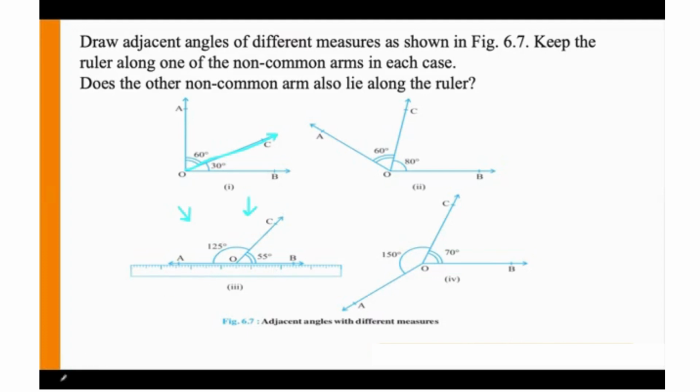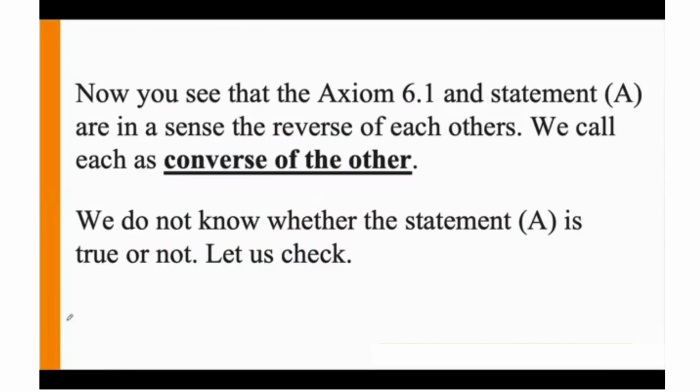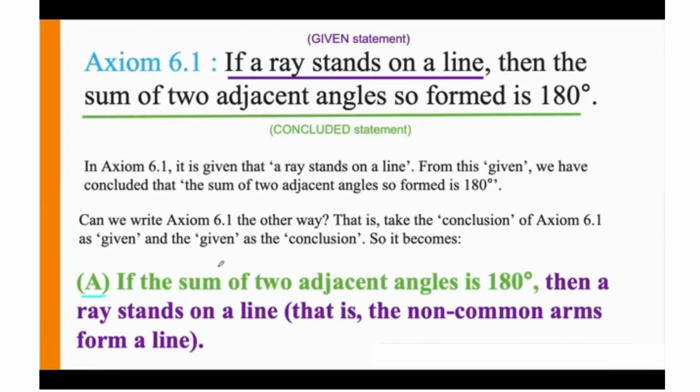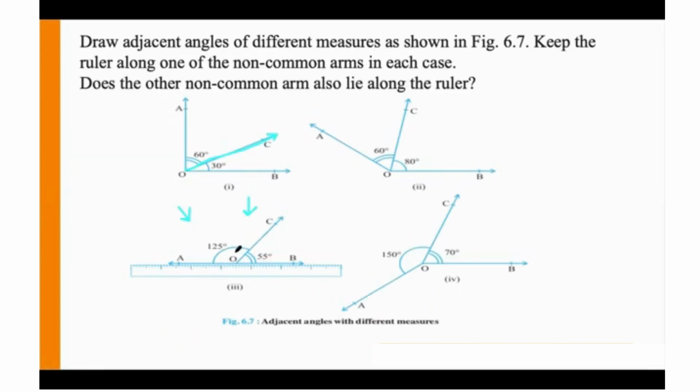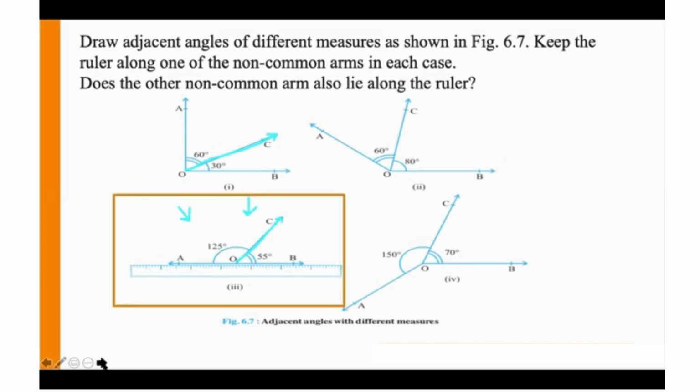So consider this statement A: if the sum of two adjacent angles is 180 degrees, then the ray stands on a line. Isn't that true? Only when the sum was 180 degrees can I say that OC, which is the ray, is standing on line AB. So that's a true statement.